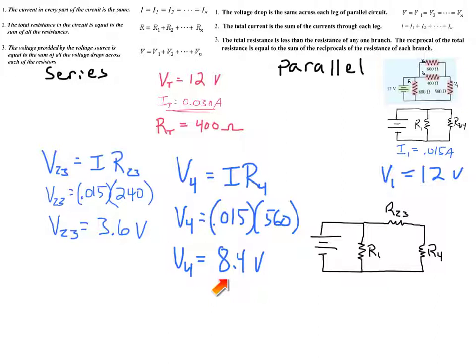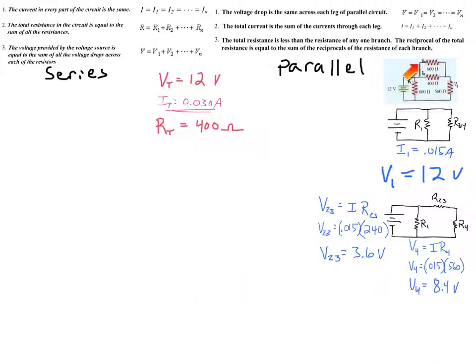Our final part of this is to figure out the current and voltage through R2 and R3 individually in this parallel section here. Because this parallel section is equivalent to R23, the voltage drop across R23 is 3.6 volts. So we know that the voltage drop across R2 and R3 individually will also be 3.6 volts, because that's the parallel rule for voltage drops.